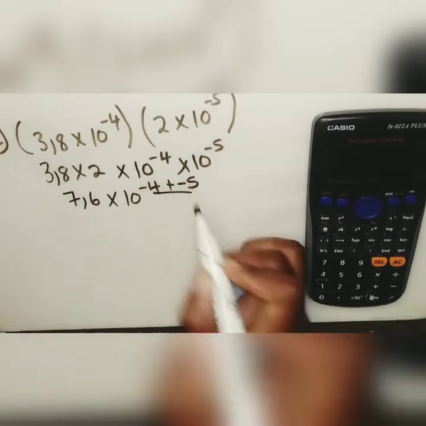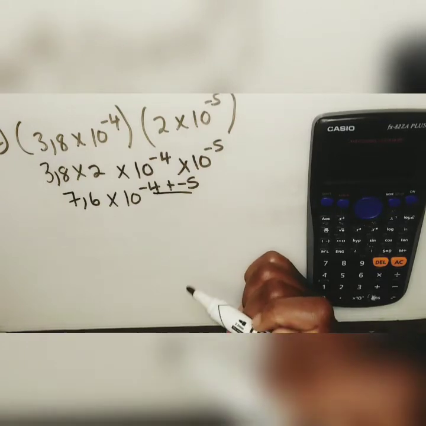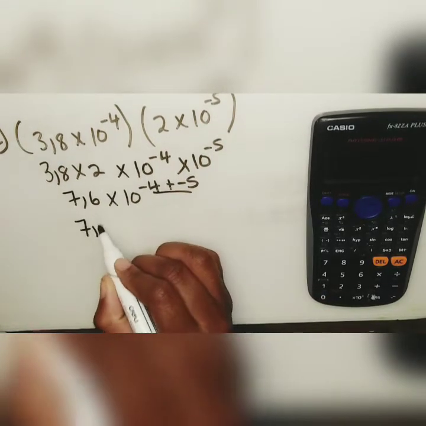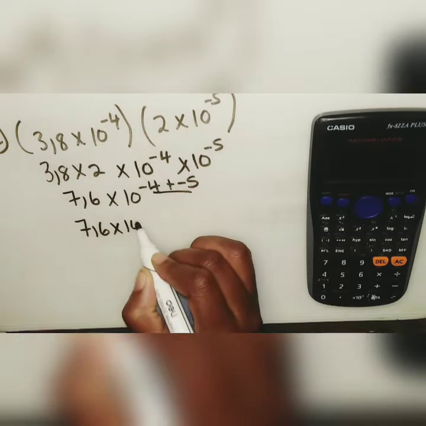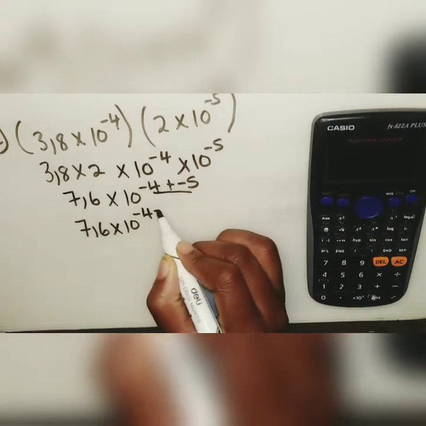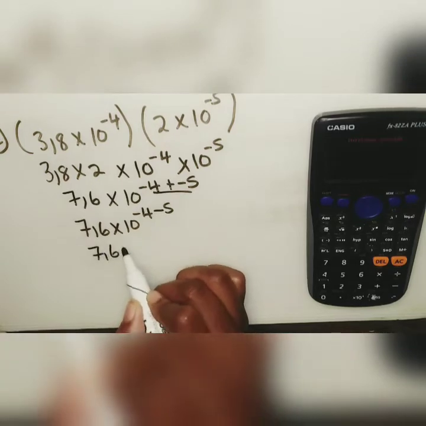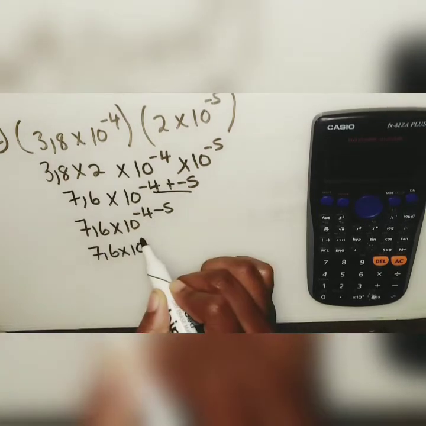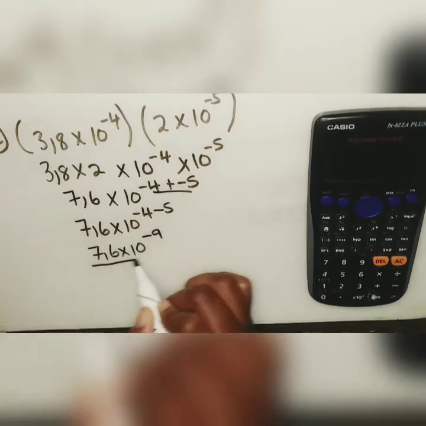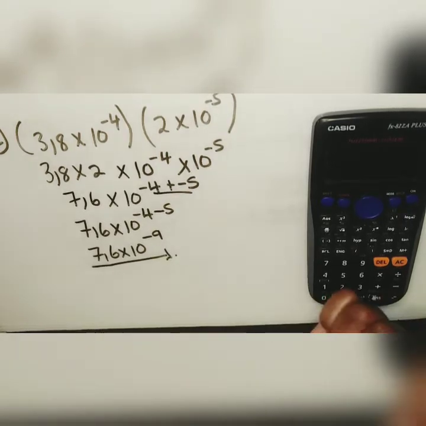A plus and a minus, when they follow each other like that, give us a negative. So it's 7,6 times 10 to the power minus 4 minus 5. What's minus 4 minus 5, guys? I hope you still remember your negative numbers. So your answer is 7,6 times 10 to the power minus 9.